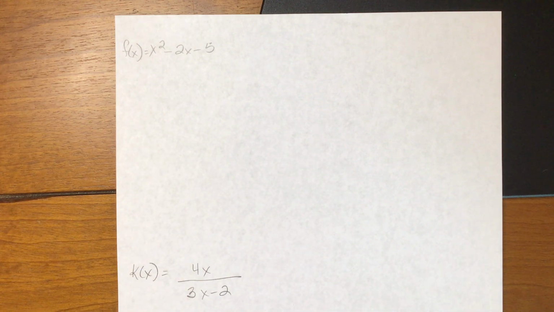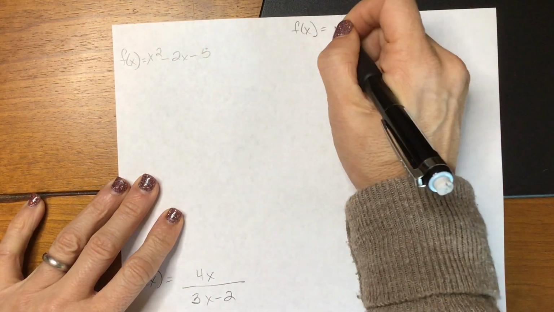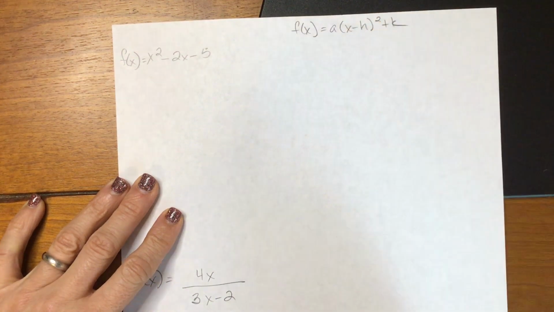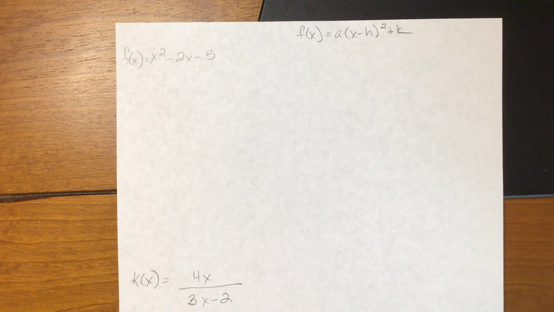Vertex form offers that ability for us to have it in one place. And so remember, vertex form is a times x minus h squared plus k. And earlier in the year, we used a modified form of completing the square to do this.